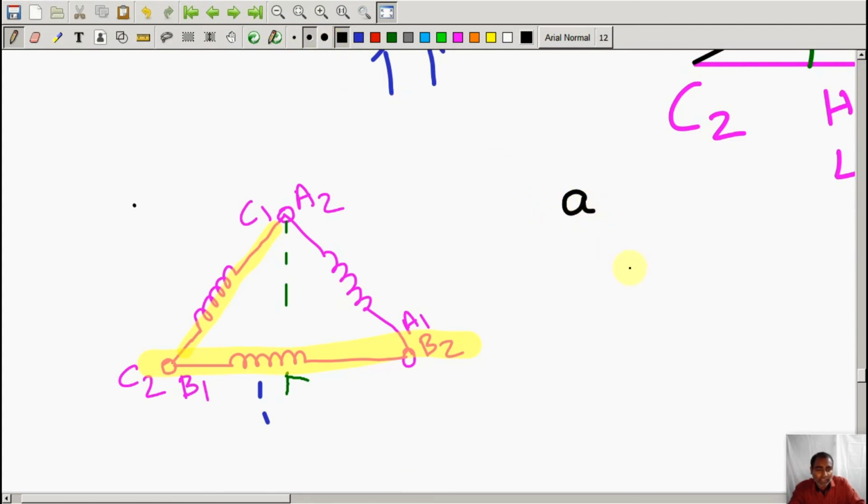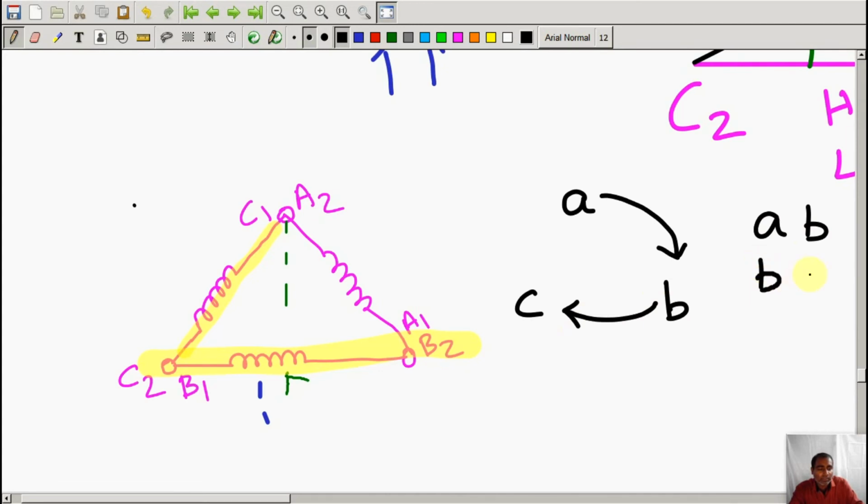Let's say A, B, C. So you have to move in a cyclic way. What is this cyclic way? First is A, B, then if you move in cyclic way, it is B, C. Again you move in cyclic way, then it is C, A.